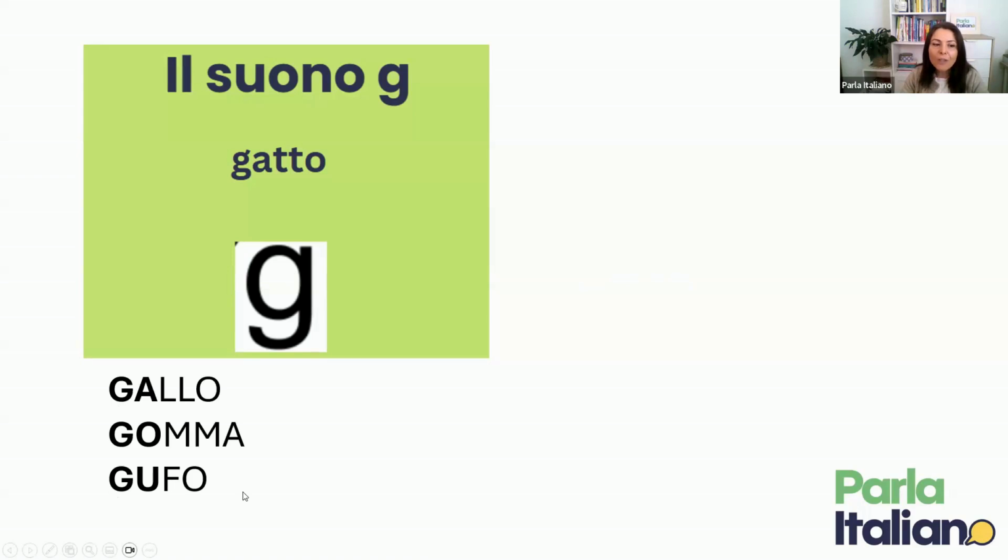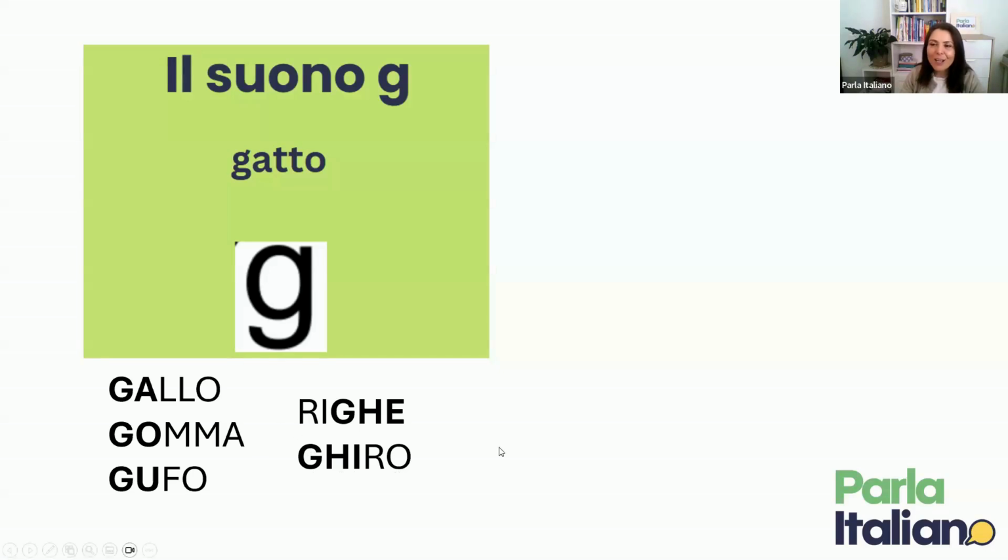You can see that all of these sounds are made up of G, but there are more. Let's have a look at these ones. Righe, giro. Okay, so all of these words have the sound G.